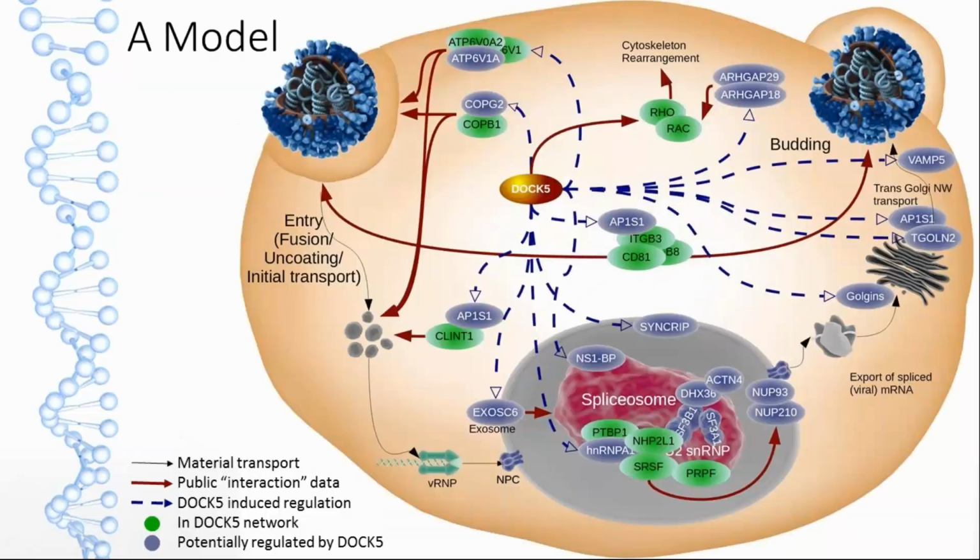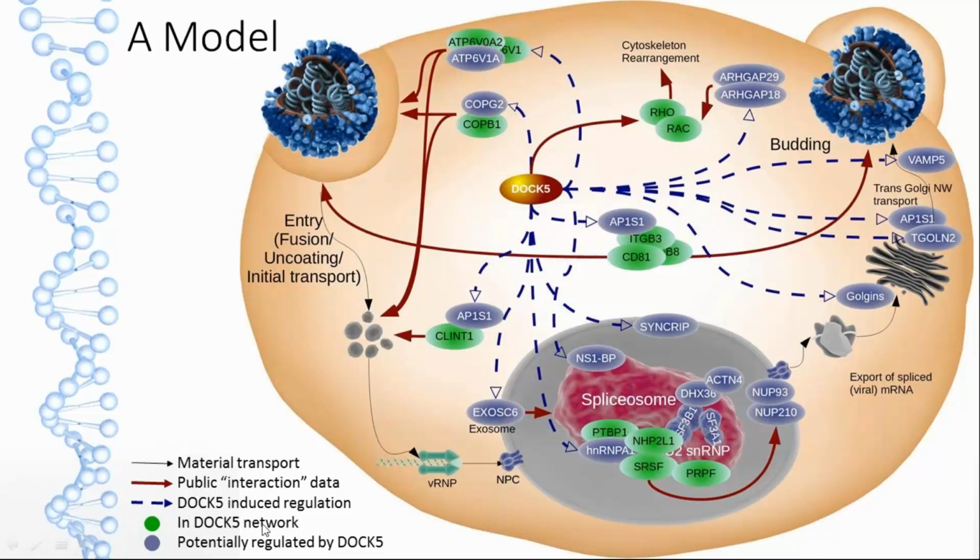So with all this information, we built up a cartoon of the processes that apparently happen and are modulated by DOC5. You see this cell sketch from the entry of the virus into the cell to the export, and DOC5 is right here.